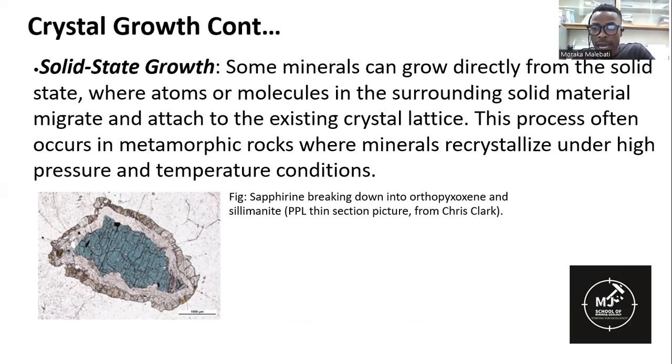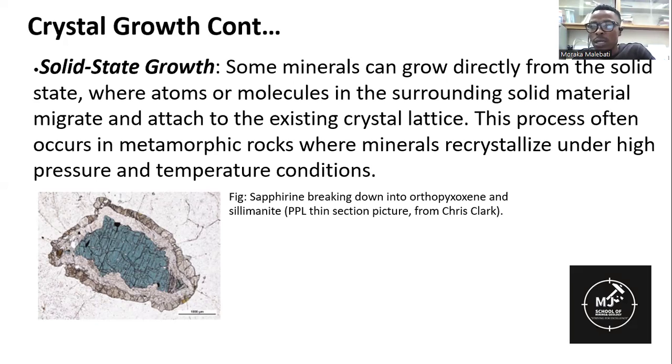The metamorphic rocks need the changes to happen while the rock is in its solid state. So in solid state growth, some of the minerals can grow directly from the solid state, where atoms or molecules in the surrounding solid material migrate and attach to the existing crystal lattice. All right.